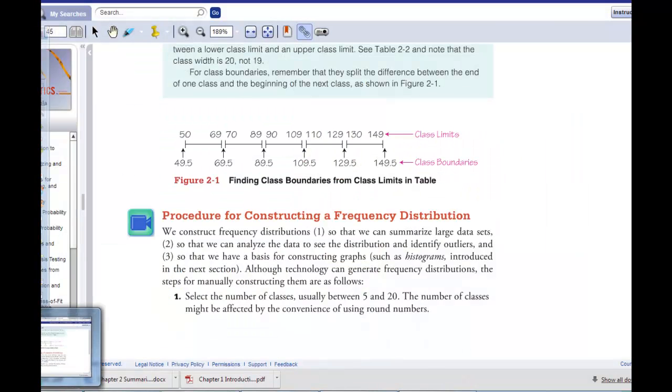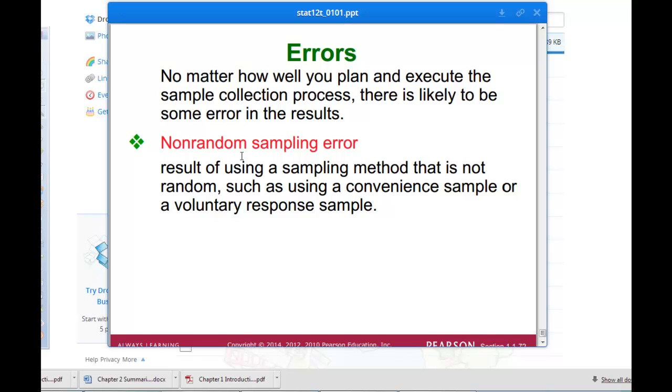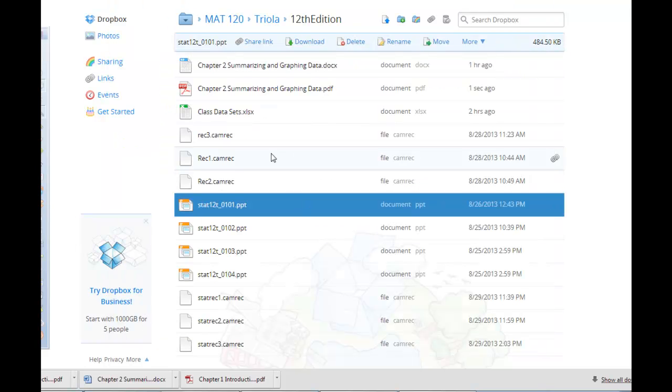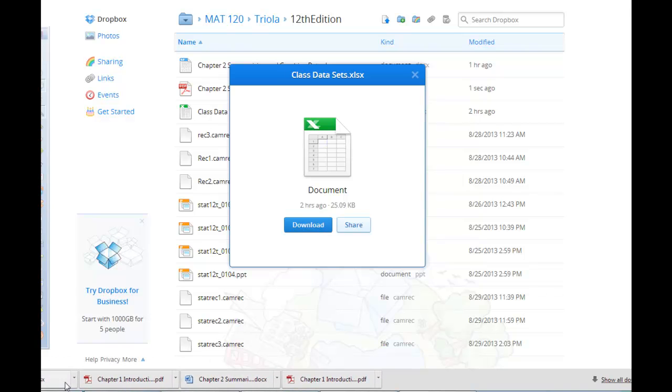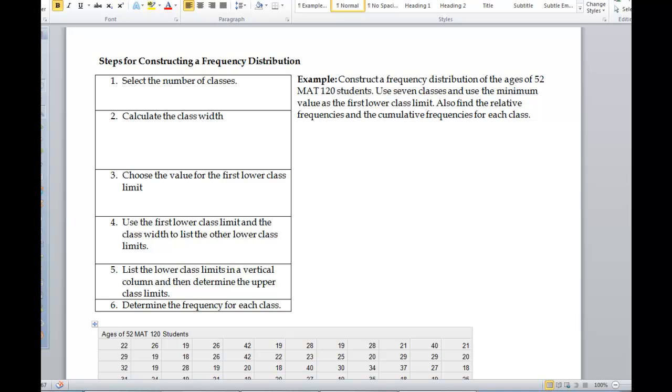I'm going to cheat a little bit. Okay, so you said 18 and 51.